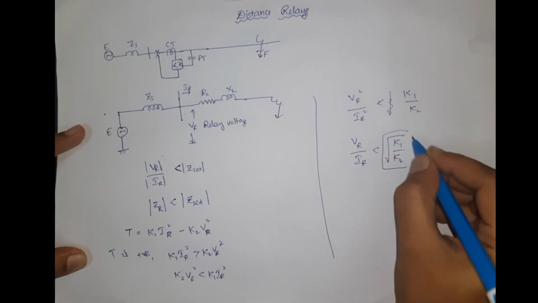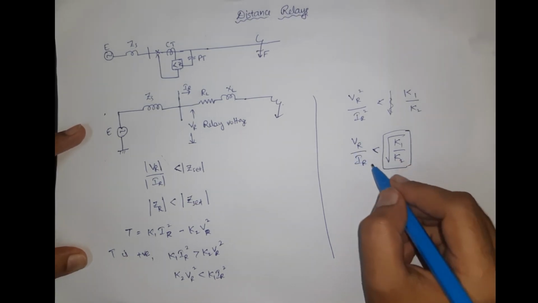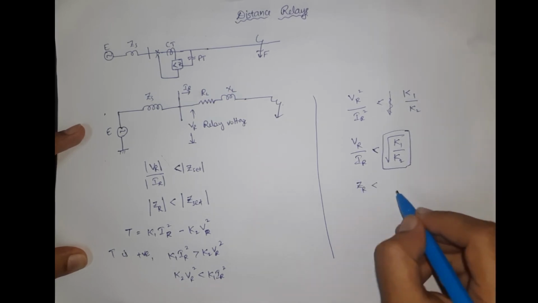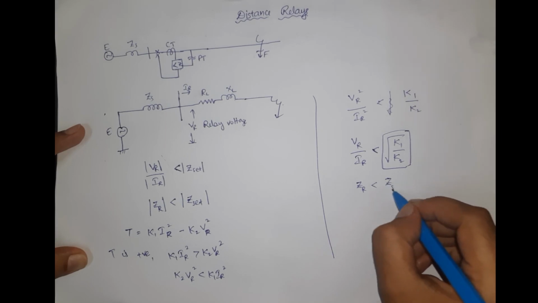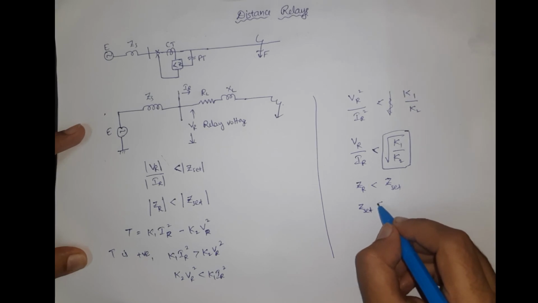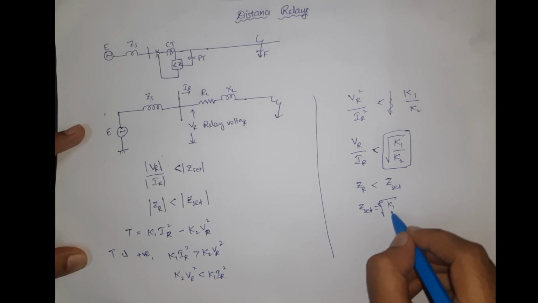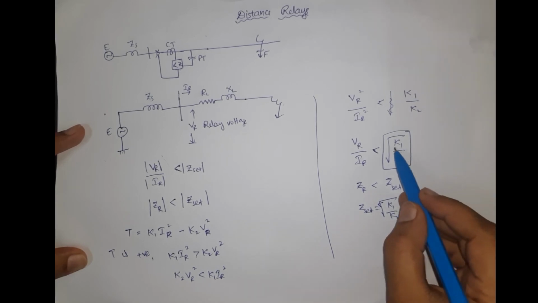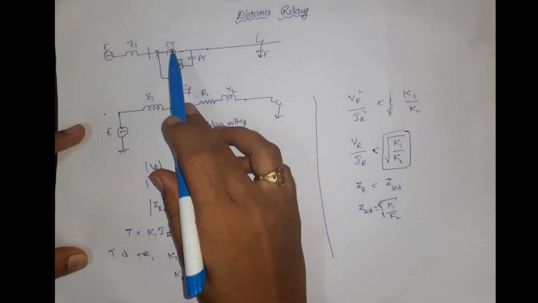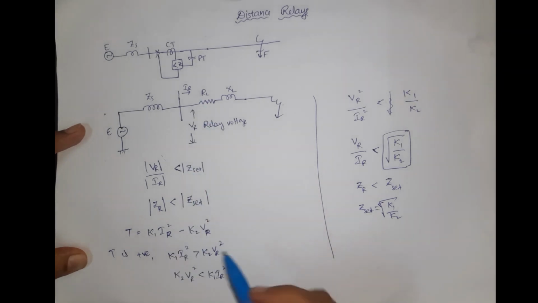So this ratio VR by IR will be ZR, and it must be less than the Z set value. That means we should set our relay such that Z set is equal to the square root of K1 by K2, where K1 is the constant corresponding to IR, that is the current transformer, and K2 is the constant corresponding to the potential transformer.